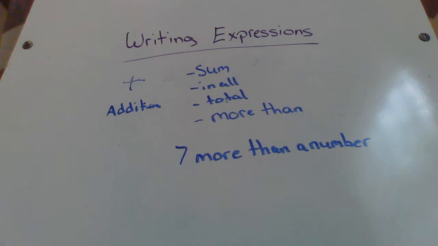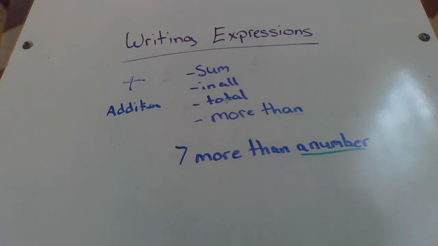The algebraic expression that you would write to go with this, well, you would have to come up with a variable. The variable is the letter, the unknown, for a number because we don't know what the number is. We can't just make up our own number. We have to actually come up with a variable.